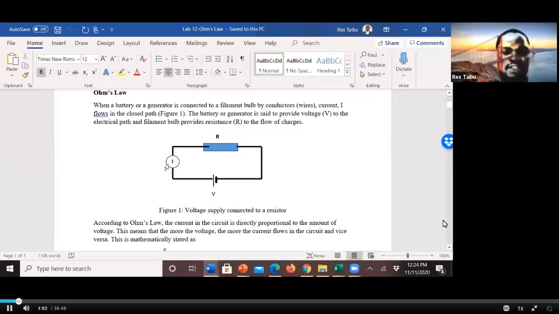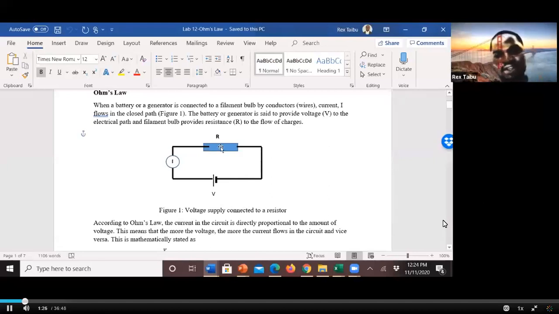It's used to measure the current and is connected like this in series. The box you see here is a resistor. It resists the flow of current or charges. An example of a resistor is a tungsten bulb. Inside there is a wire, and that wire actually is a resistor.